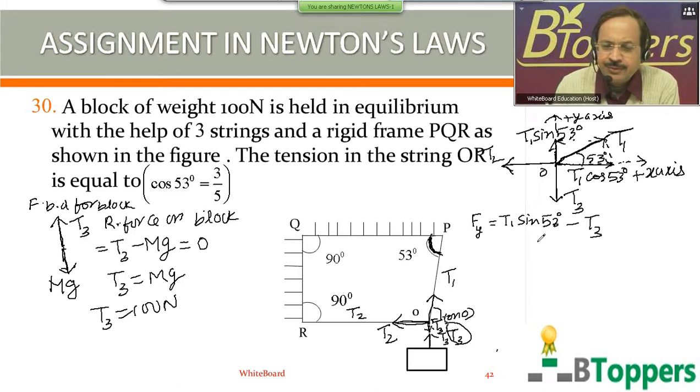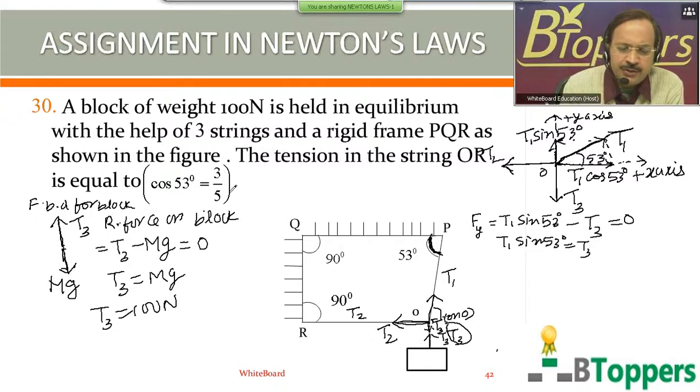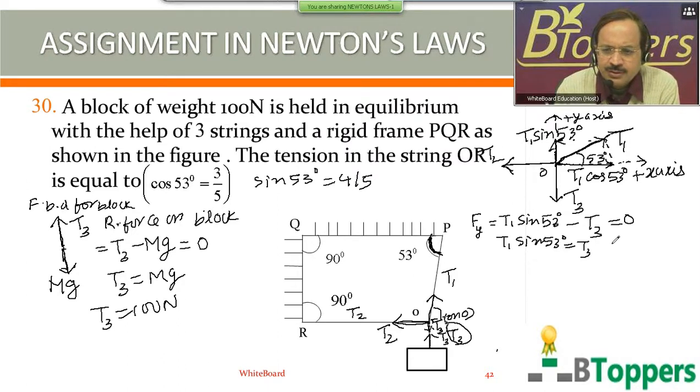So the y component of the resultant force at O will be T1 sin 53 degrees minus T3. That must be 0 because the system is in equilibrium. Therefore, T1 sin 53 degrees equals T3. You are given the value of cos 53 degrees equal to 3 by 5. From that, you should be able to know the value of sin 53 degrees, which comes out to be 4 by 5.